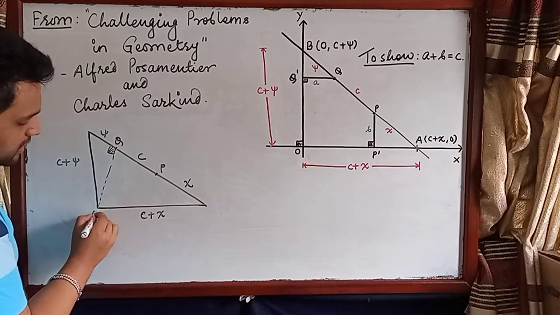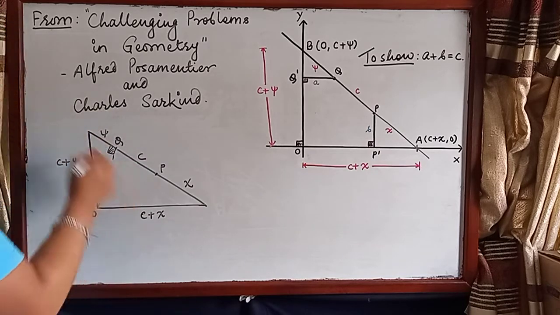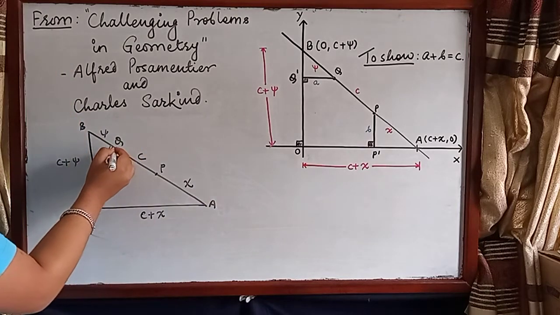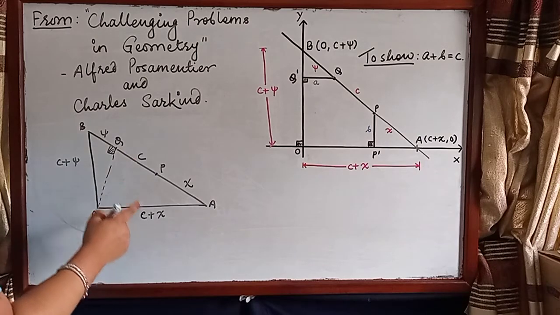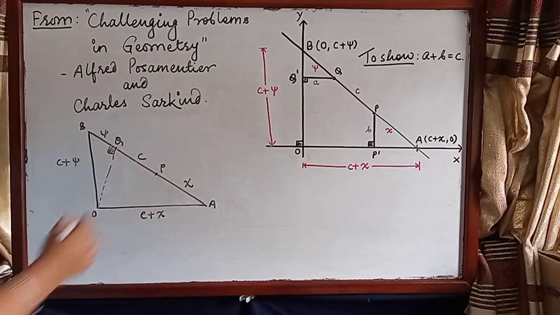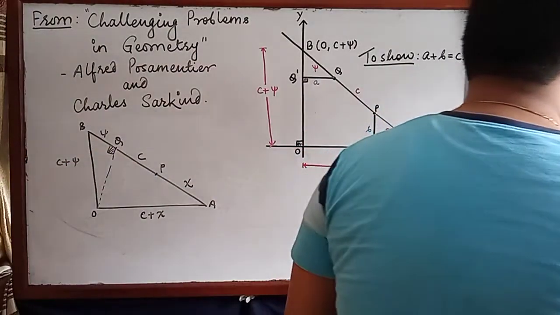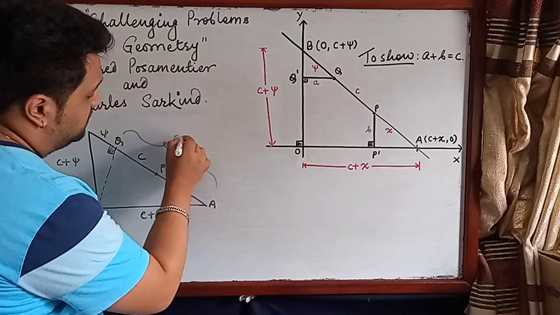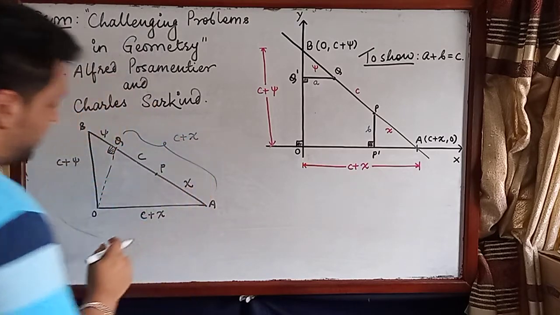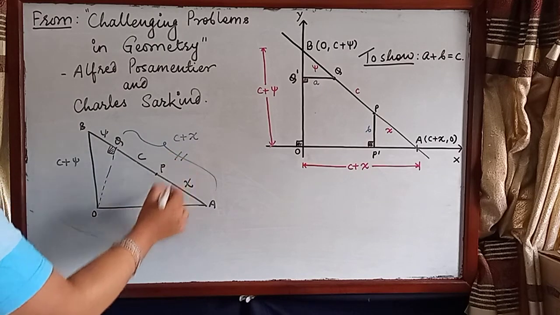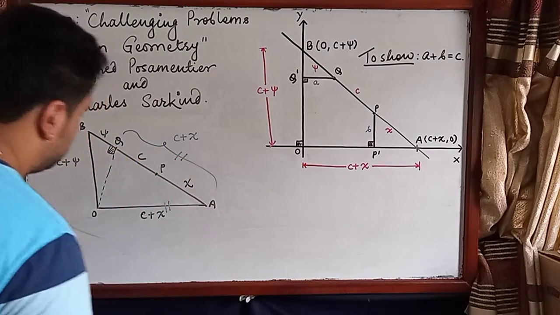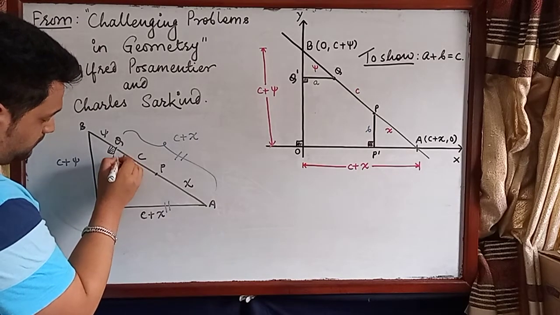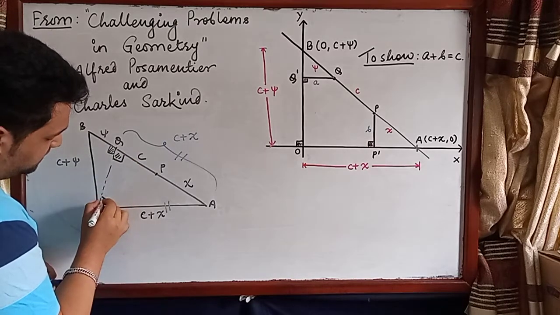If possible, let the perpendicular from O on the side AB pass through Q. Then this angle will be 90 degrees, but this length right here is c plus chi, and so this length is equal to this length, as a result of which this angle must be equal to this angle.